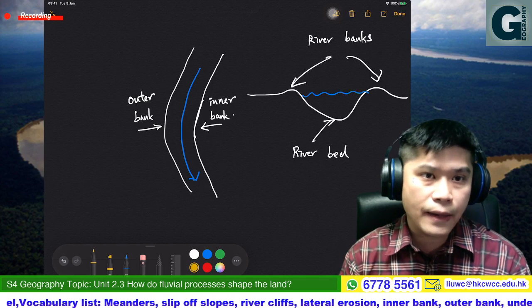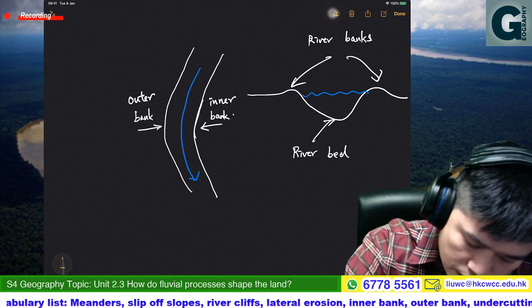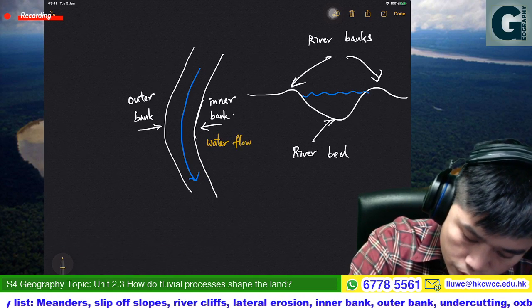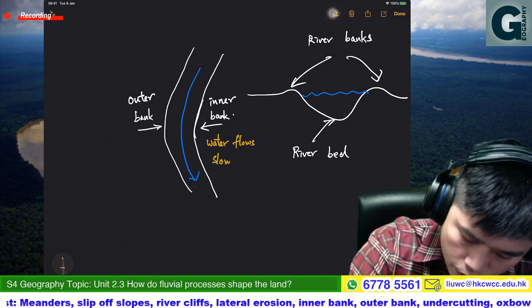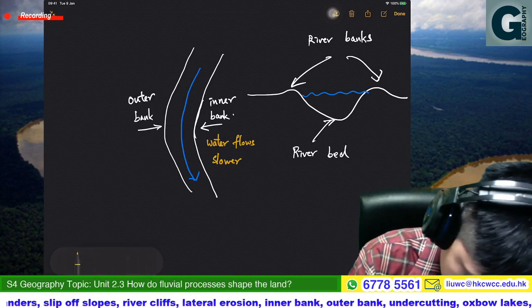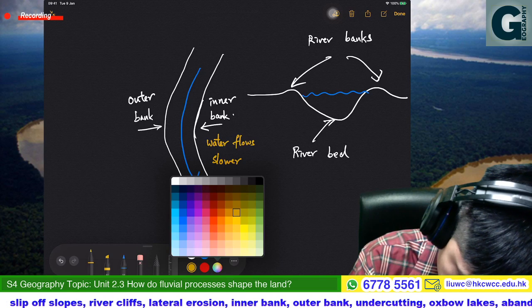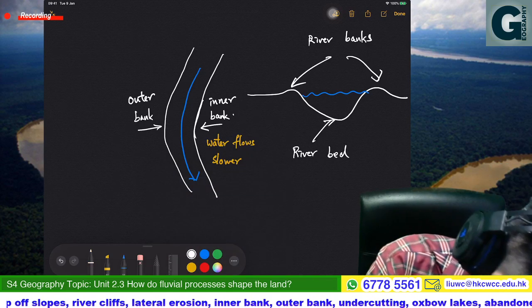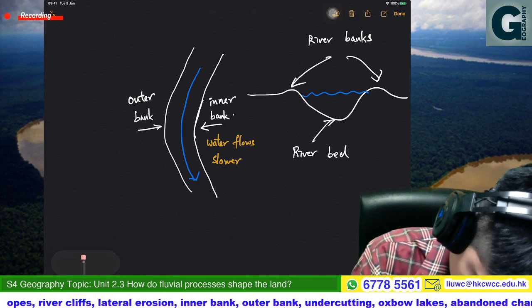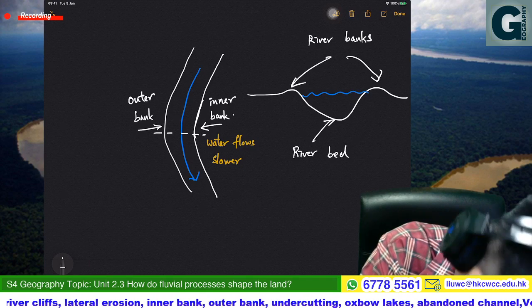I will write here to describe: in the inner bank, normally the water flows slower. Remember that is compared to this level.